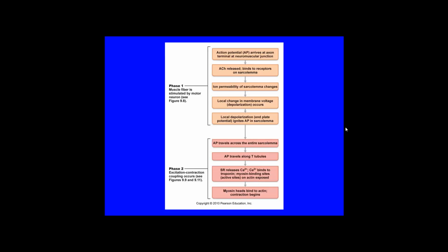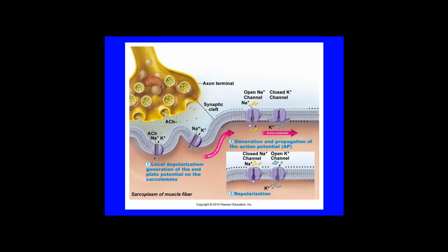The calcium binds to troponin. The troponin moves the tropomyosin away so that the myosin binding sites on the actin are now available. The myosin head begins to bind to the actin and contraction begins. Now, this is what you see here on the diagram.